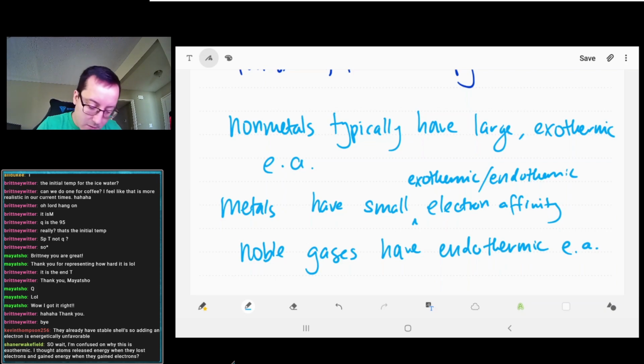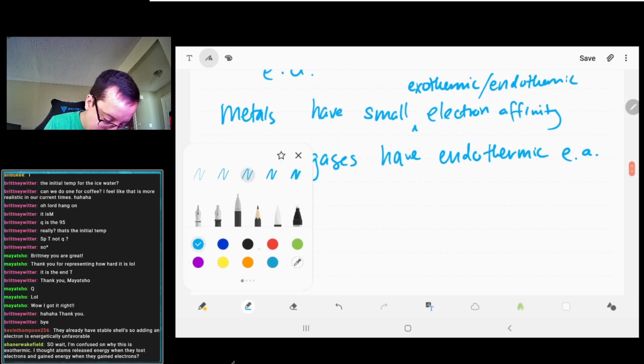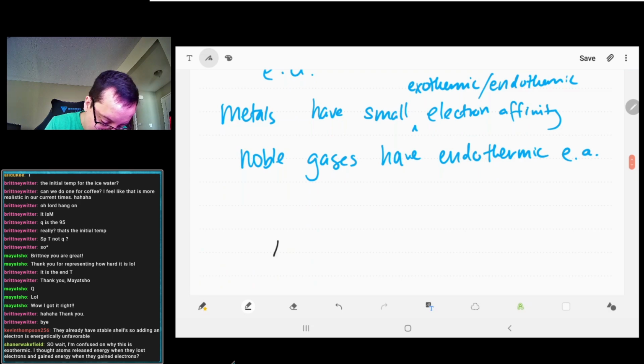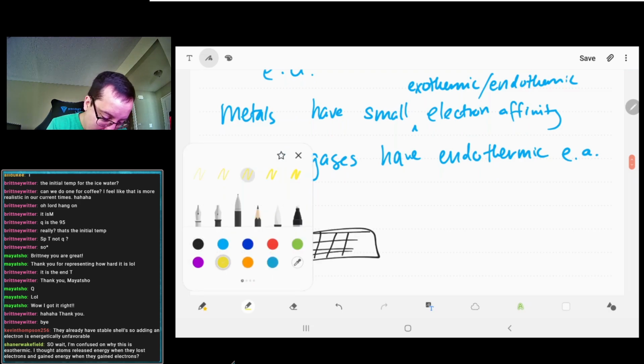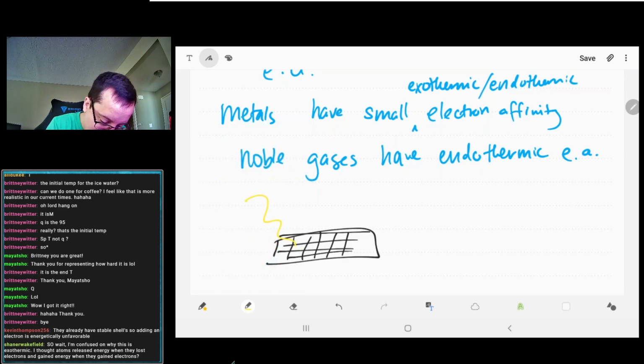So remember, here is our solar panel. Look, here comes some energy from the sun. Out comes an electron.